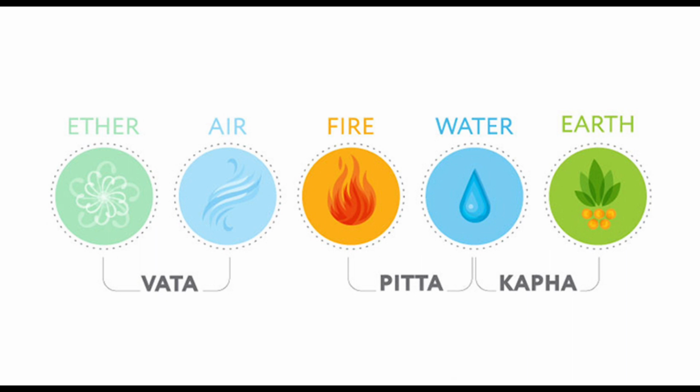Now in the process of rakta formation, there will be some secondary tissues formed and a waste product. The waste product is pitta and the secondary tissue is the blood vessels.